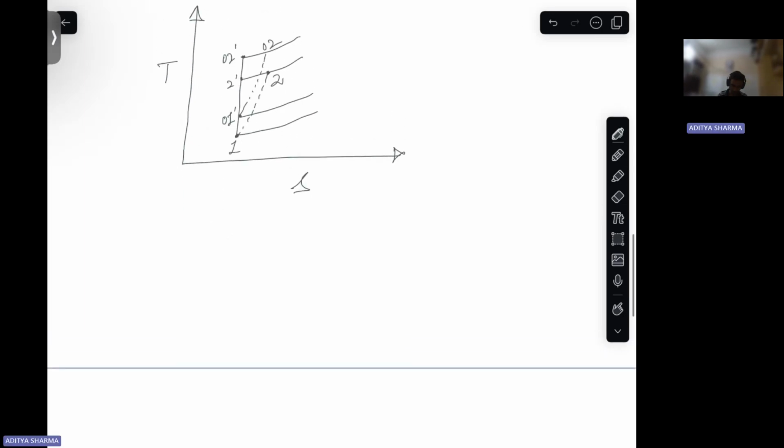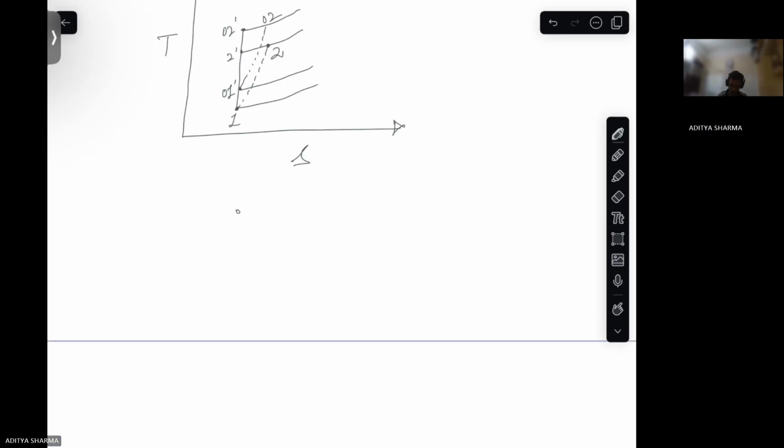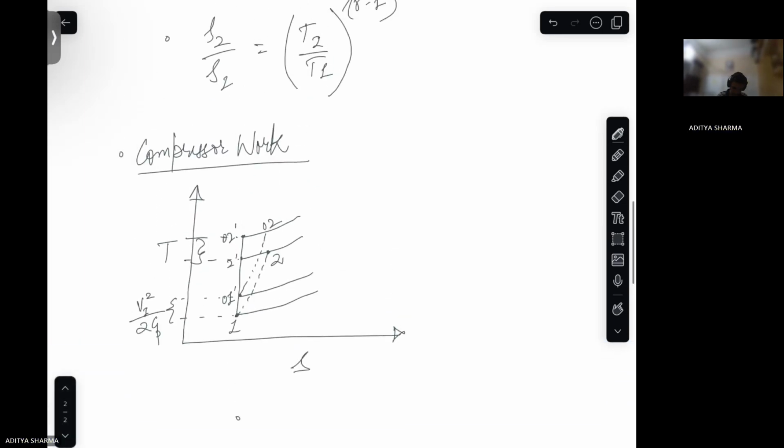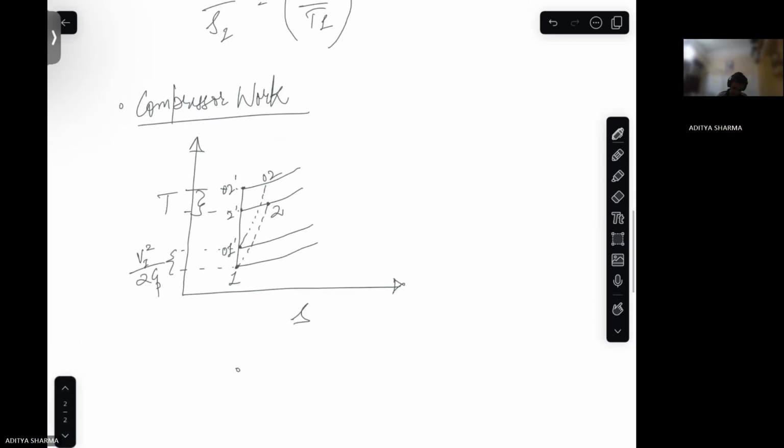Now, if you have to see the compressor work, if you see this difference, what is this difference? This difference basically is V1 square by 2 CP. What is this difference? This difference basically is V2 square by 2 CP.